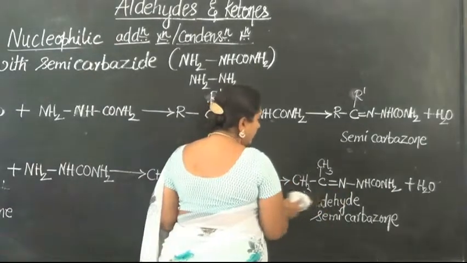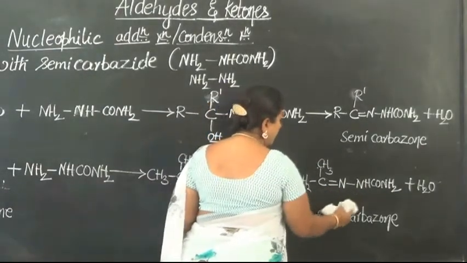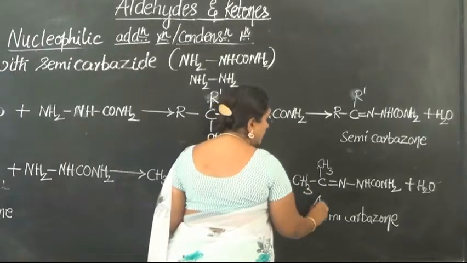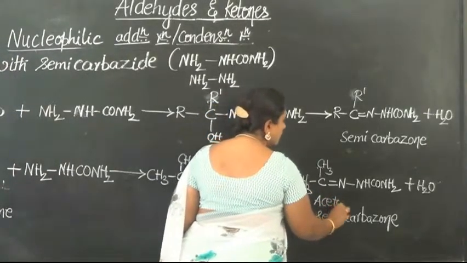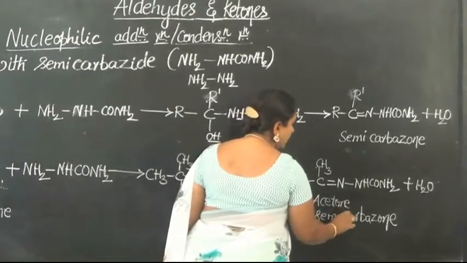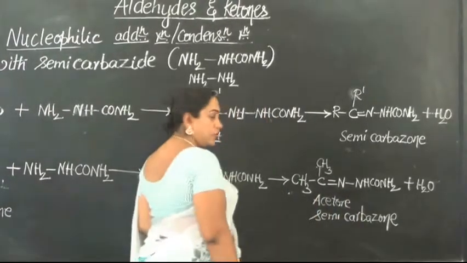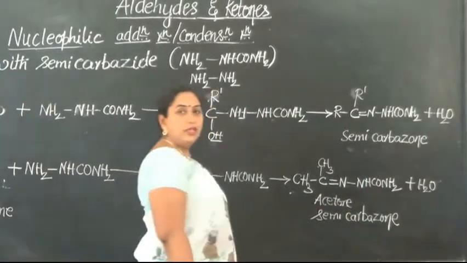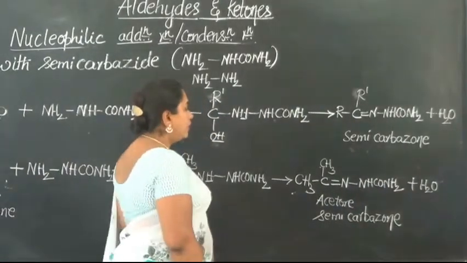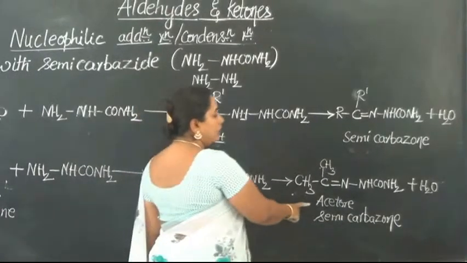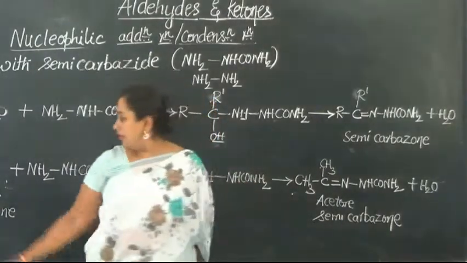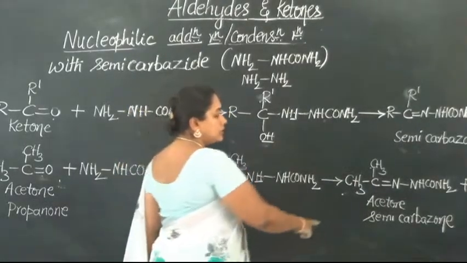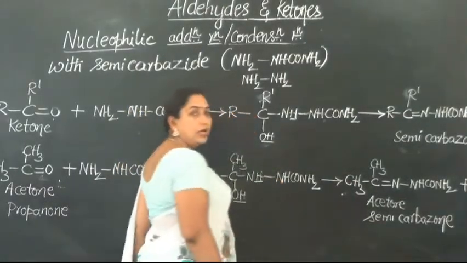The name of this compound should be called acetone semicarbazone, along with the water molecule that is being eliminated. So, the final product that we obtain by treating acetone with semicarbazide is acetone semicarbazone.